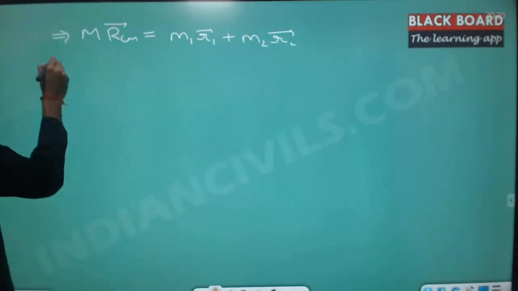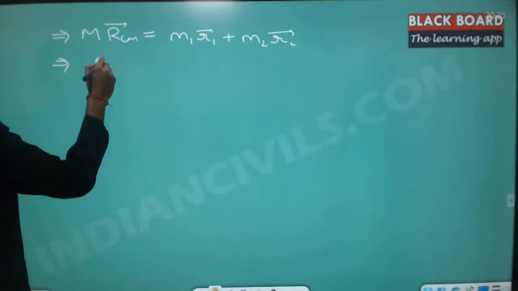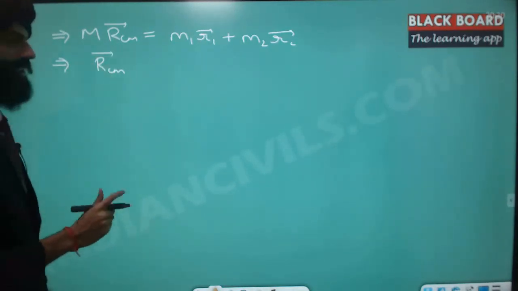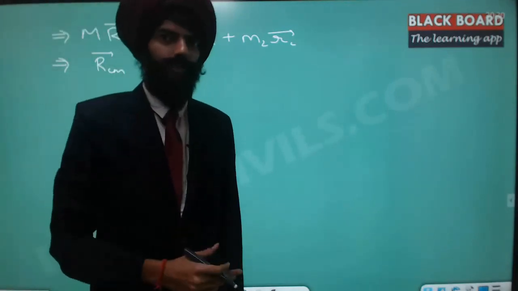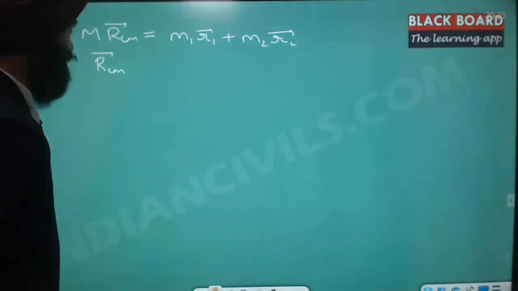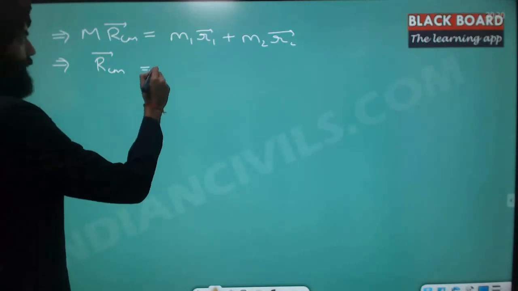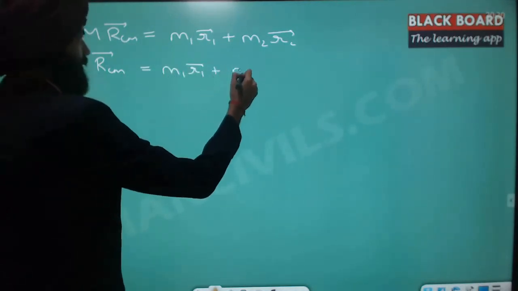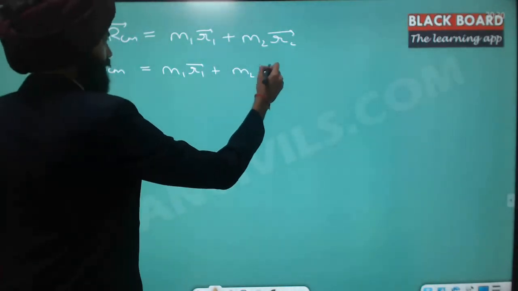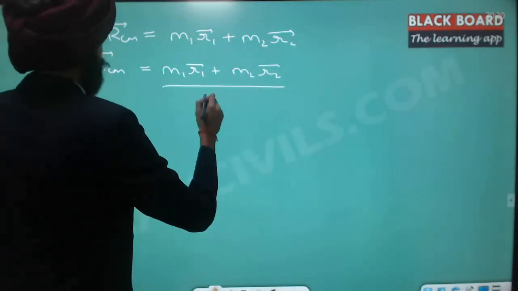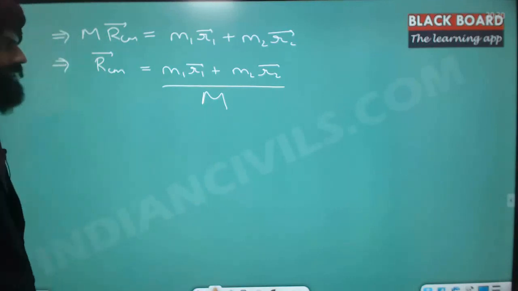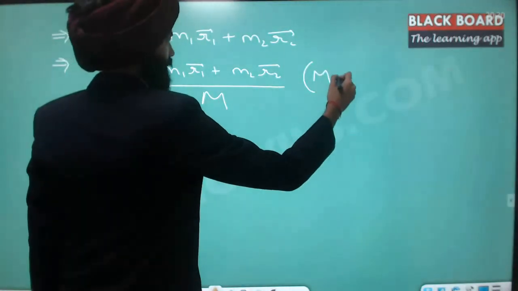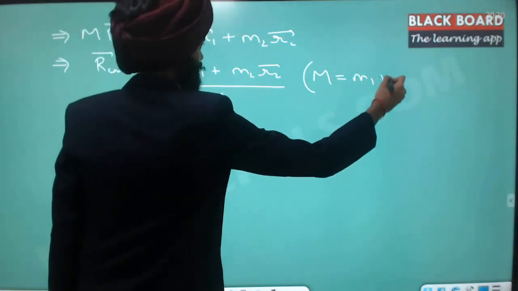This implies that the position of the center of mass, r center of mass, which is nothing but the radial position of the center of mass with respect to the origin, is m1 r1 plus m2 r2 upon capital M, where capital M is nothing but m1 plus m2.